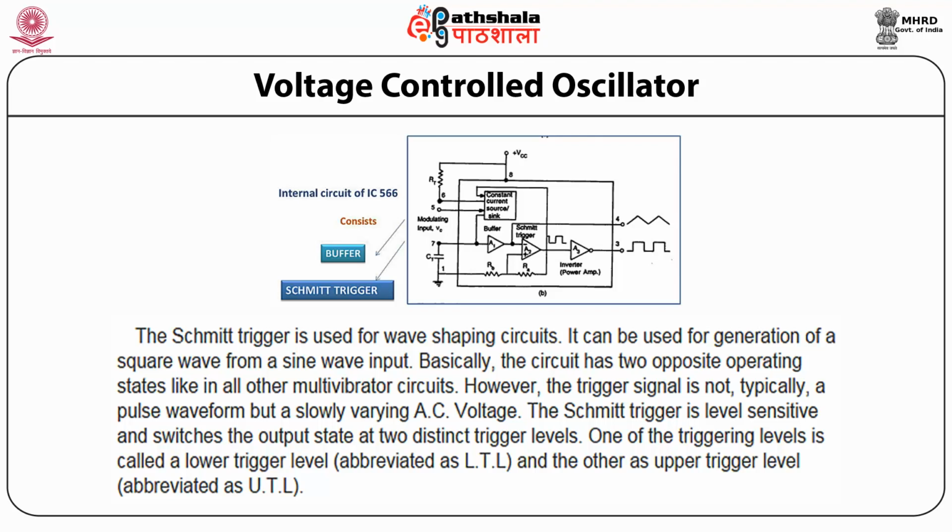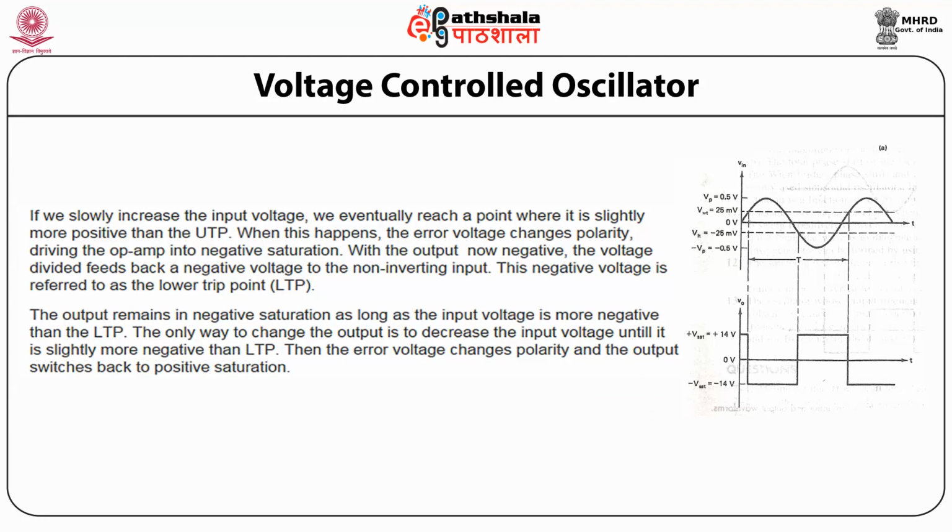The Schmitt trigger is level sensitive and switches the output state at two distinct trigger levels. One of the triggering levels is called the lower trigger level, LTL, and the other the upper trigger level, UTL. If we slowly increase the input voltage, we eventually reach a point where it is slightly more positive than UTP.